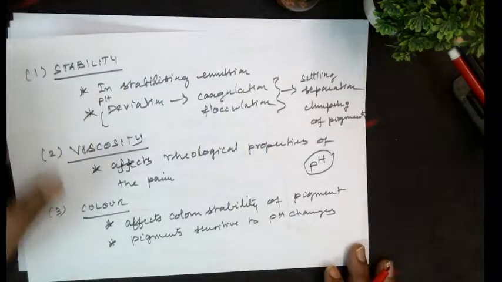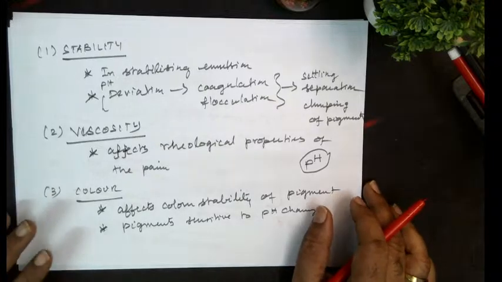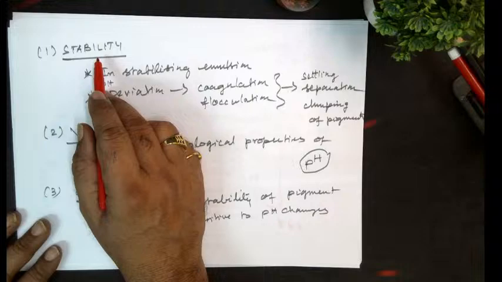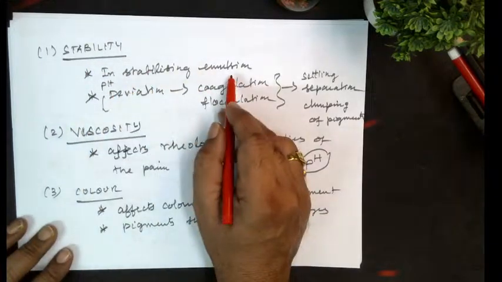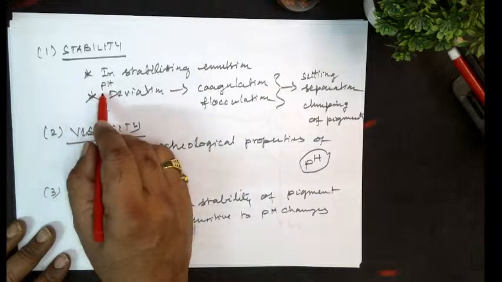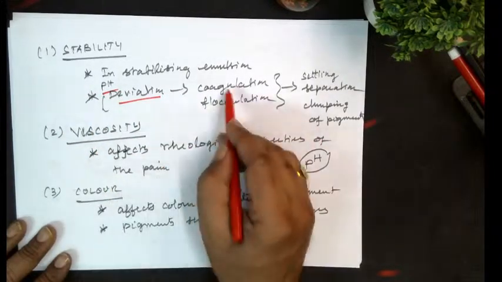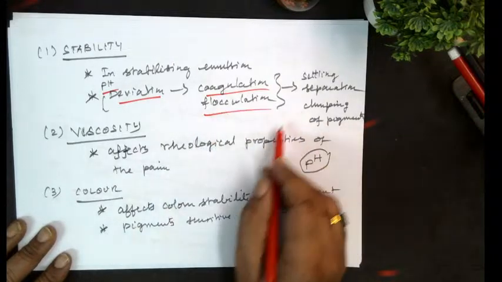Now let me discuss the first aspect, that is how the stability is affected. pH is a very important factor that stabilizes the emulsion. If there is any pH deviation from the standard of 8 to 9, there will be coagulation of resins or emulsions, and also flocculation.